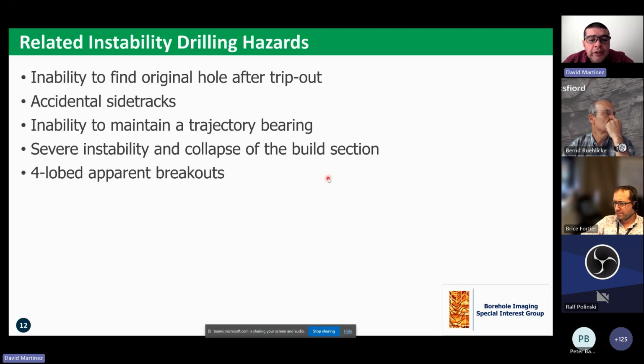And sometimes when your build section is located in that big region that looks the weakest because of strength and anisotropy, you might have a complete collapse of that build section. Finally, these four-lobe apparent breakouts might give you a first warning if you see this issue in the basin that you're drilling: this formation can be problematic, just go into a different formation.